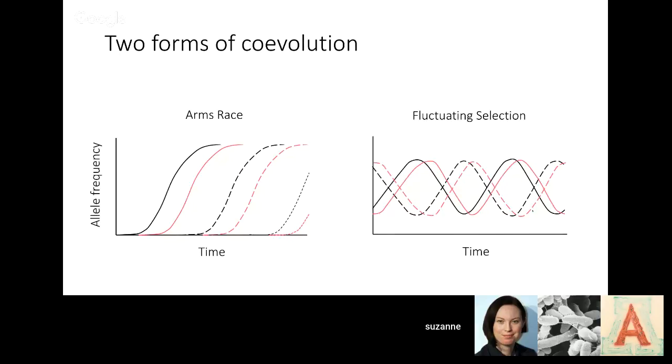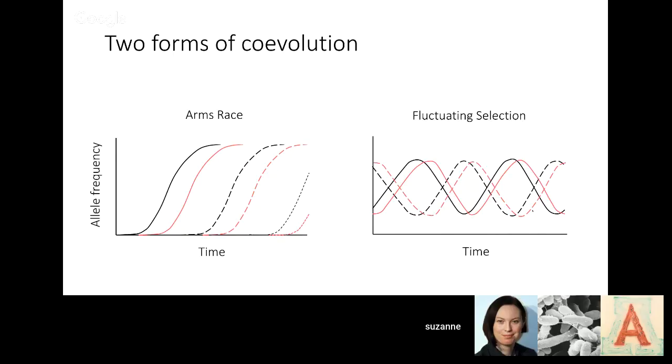you would expect to see quite rapid evolution as genotypes spread to fixation. And at any given moment in time, if you took a snapshot, the genetic diversity wouldn't necessarily be very high.